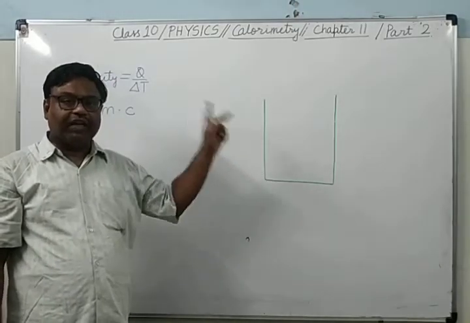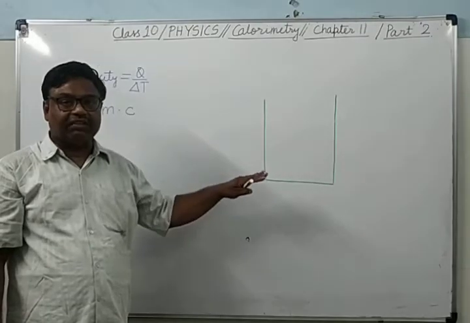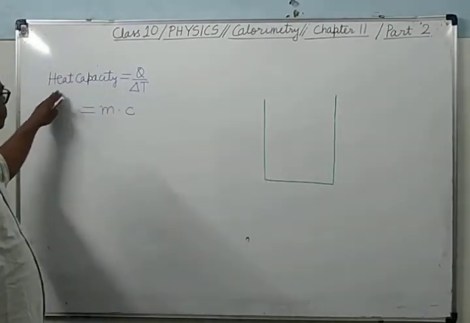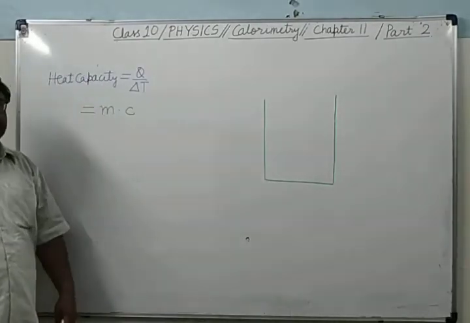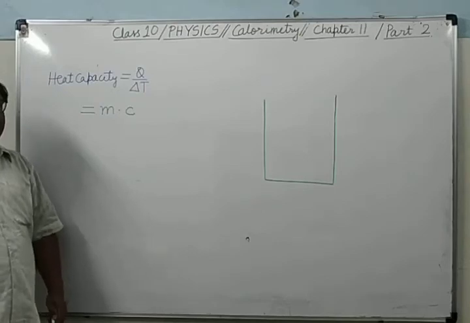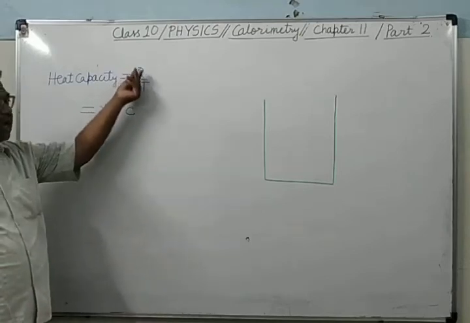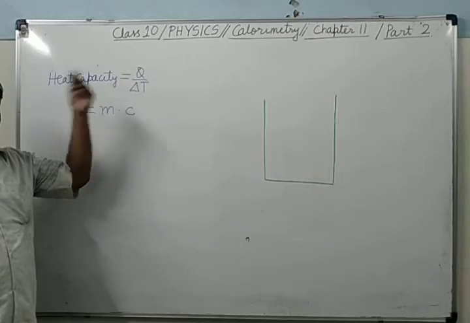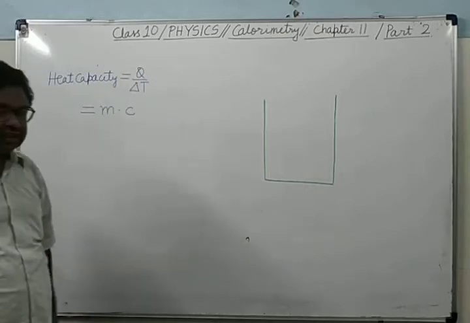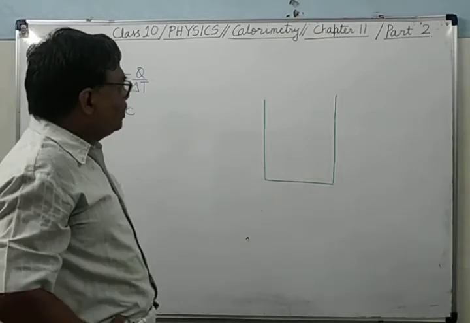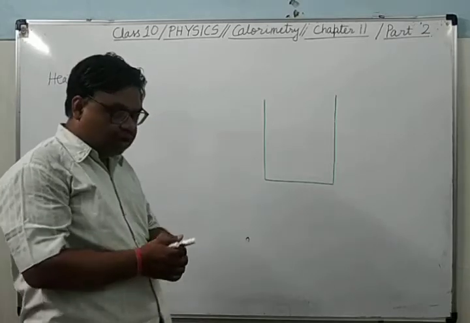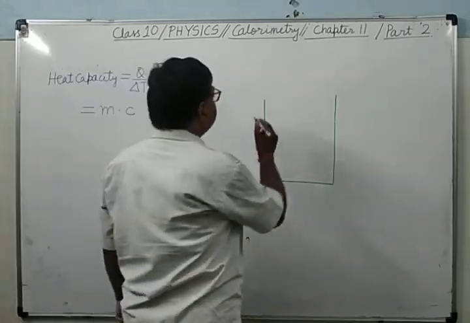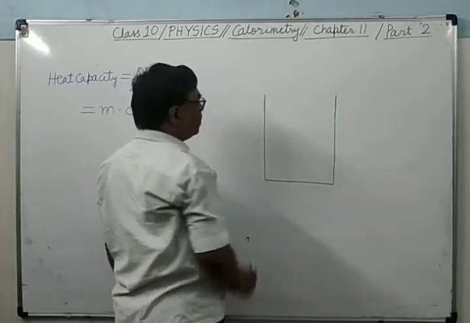It is made up of thin copper so that the mass remains less. Mass remains less means heat capacity remains less. Therefore, it requires a very small amount of heat energy for 1 degree Celsius rise in temperature.